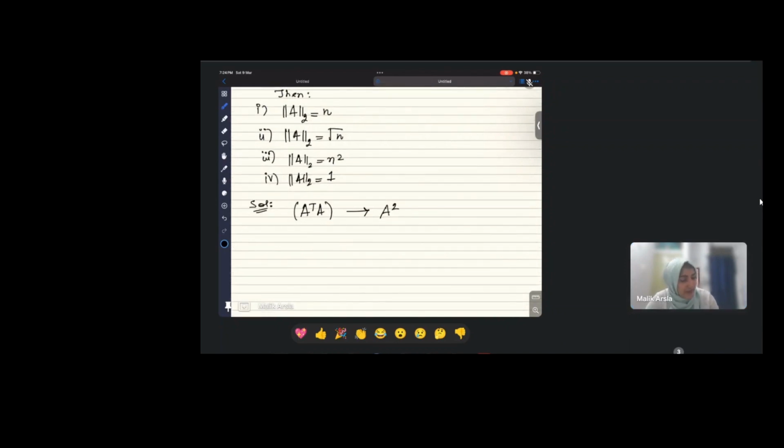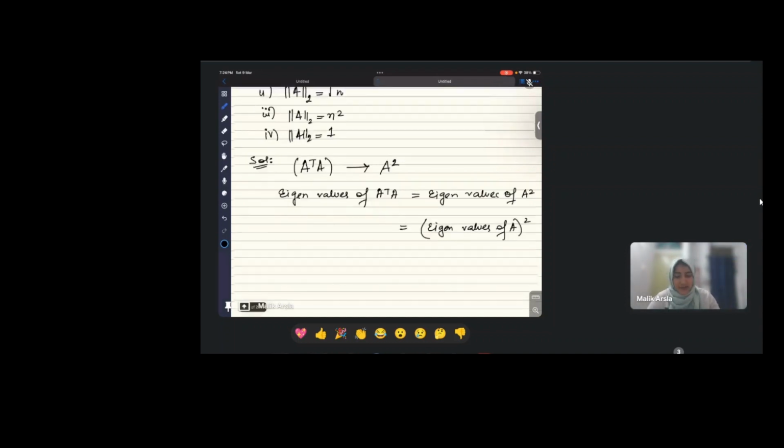And we know that eigenvalues of A transpose A is equal to eigenvalues of A square, correct? And that is equal to eigenvalues of A whole square. Right? This we can write, right?